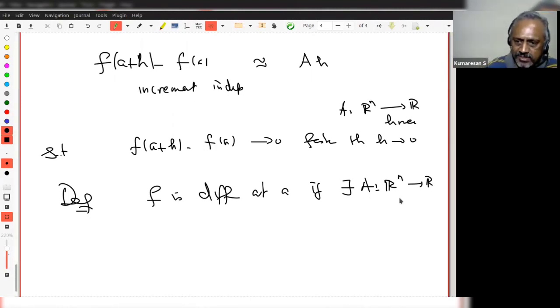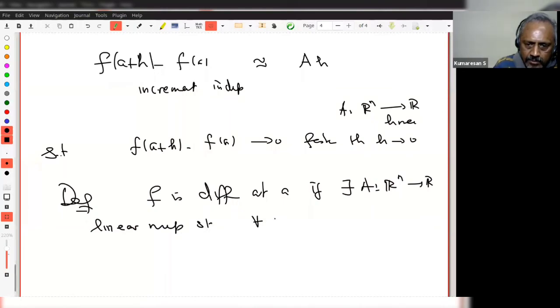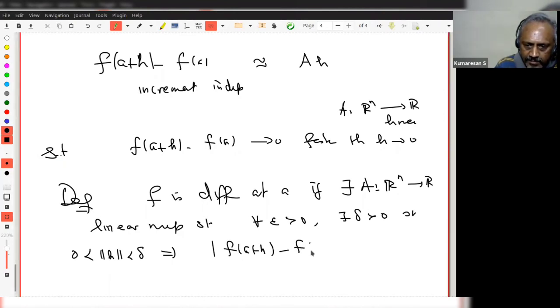Here I am going to say there is a linear map A from Rn to R such that you give me an epsilon positive, I can find a delta positive, so that if 0 is less than the length of h less than delta, it should imply the modulus of f(a+h) - f(a) - Ah, which is a real number, should be less than epsilon times the length of h.